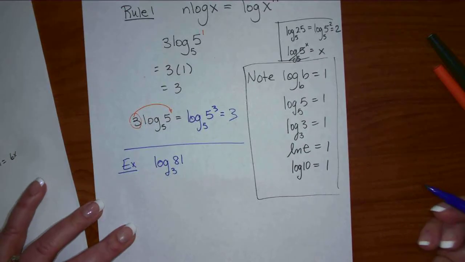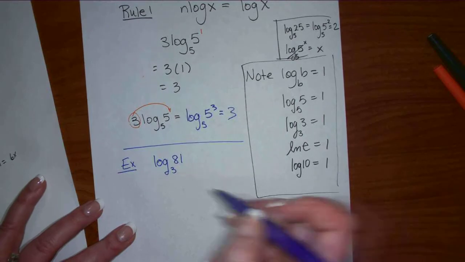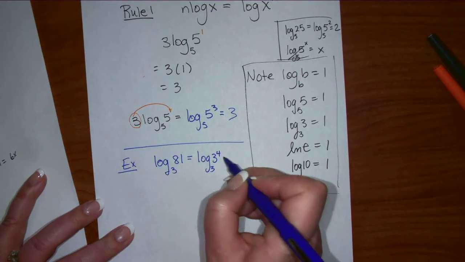What's log base 3 of 81? You say 3 times 3 times 3 times 3. How many 3's multiply to give 81? 4. So the answer is 4.